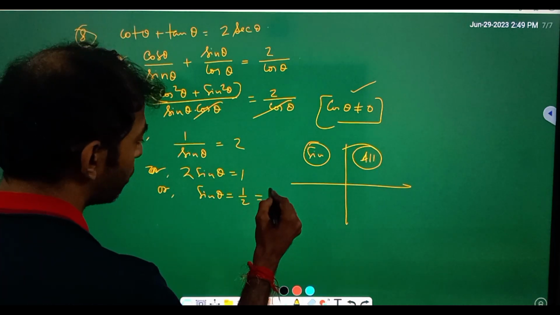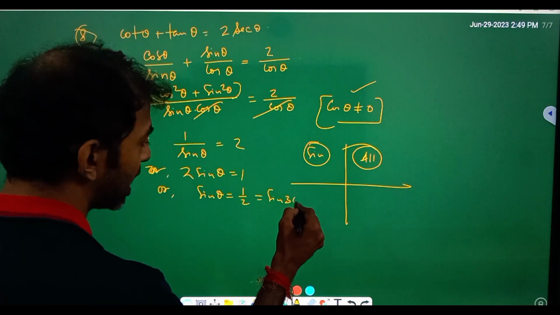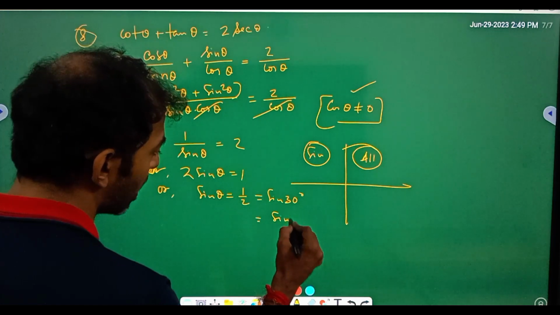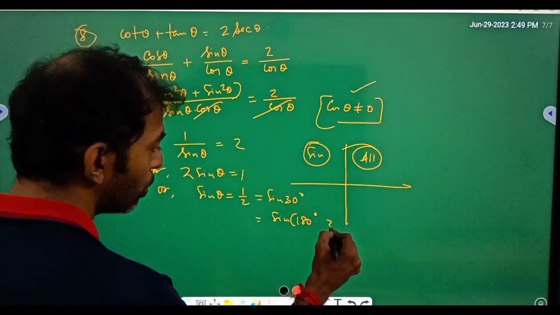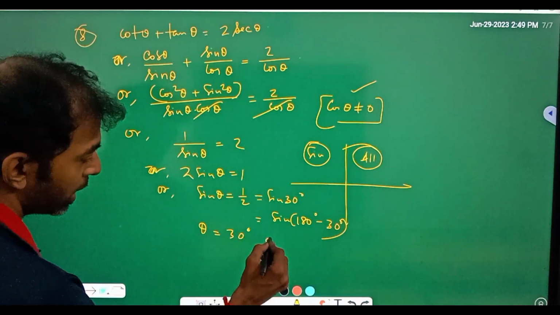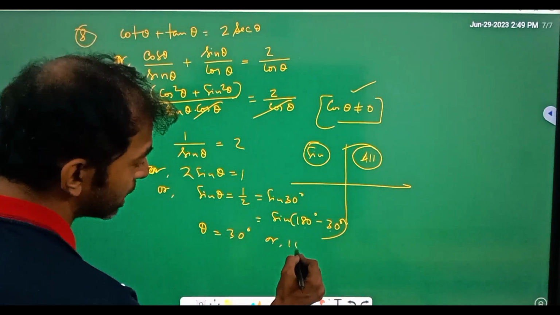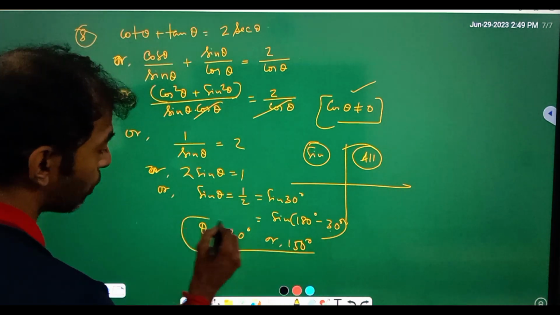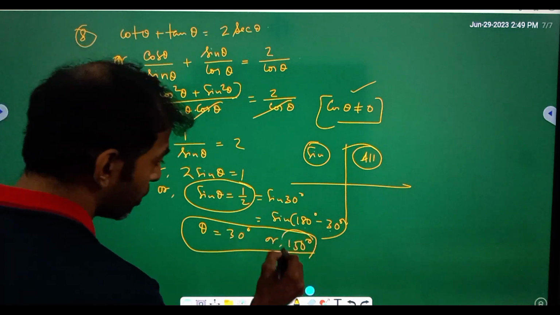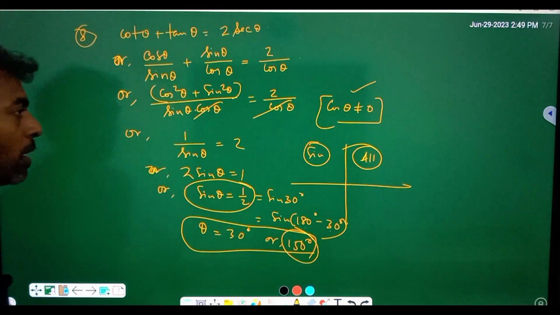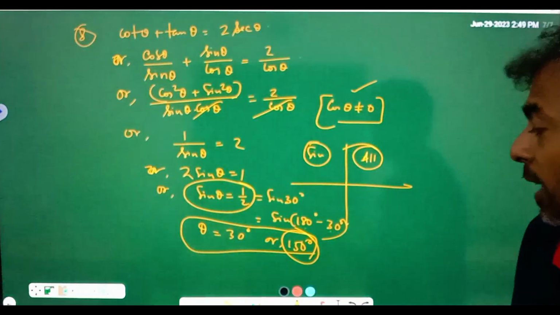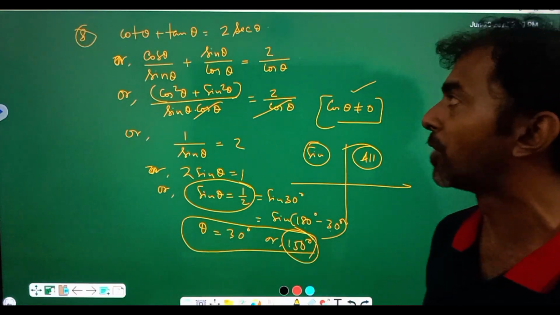The half is indicated by sine 30 degrees, and for a second quadrant angle, that will be sine of 180 degrees minus 30 degrees. So theta equals 30 degrees, or 180 minus 30, that is 150 degrees. For theta equal to 30 degrees, sine theta will be half, and for 150 degrees that will also be half. So our required solution is theta equals 30 degrees and 150 degrees.